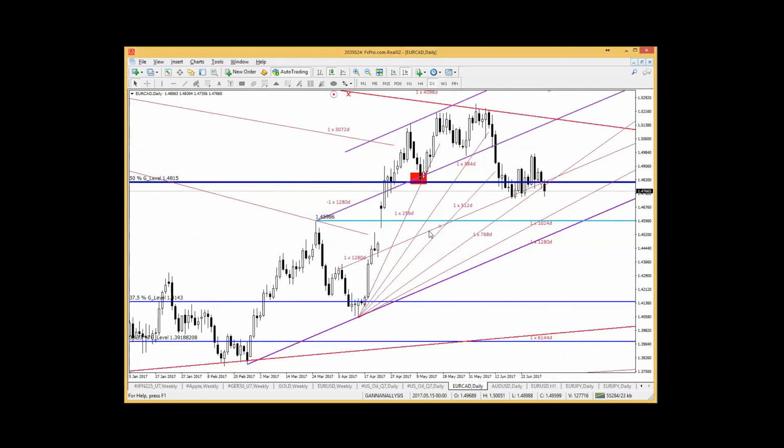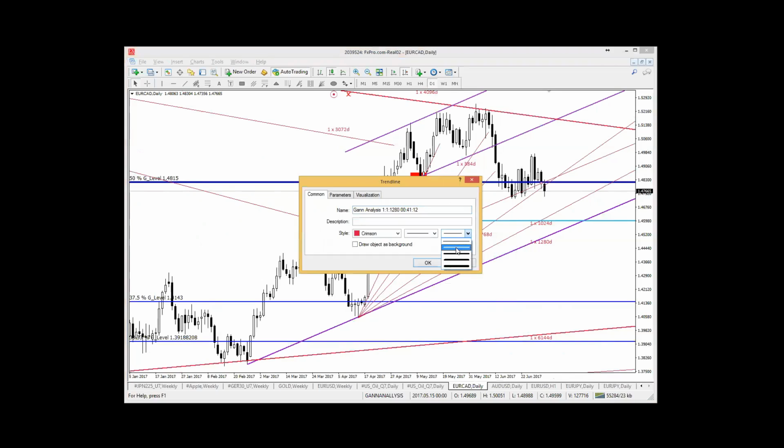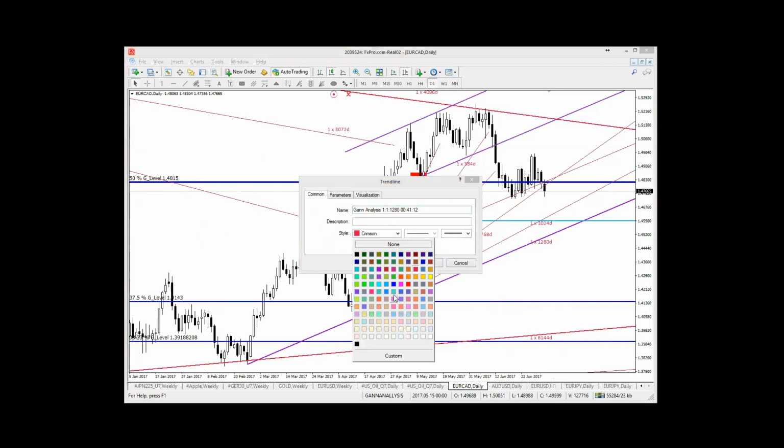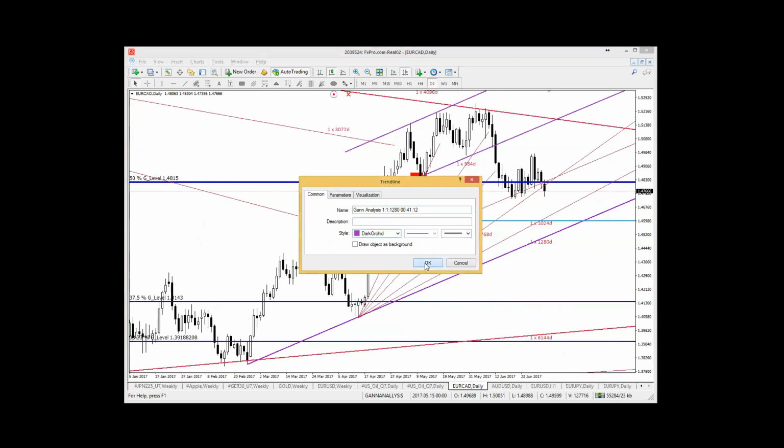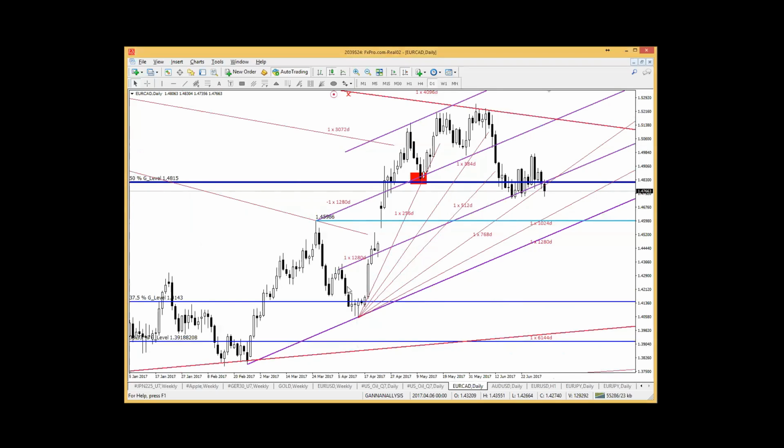This is the halfway between both angles. This is the halfway between this swing. If you take this swing here, you can see this is the halfway, the 50% between this point and this point, taking the same angle, and we can see clearly that we are breaking out now.